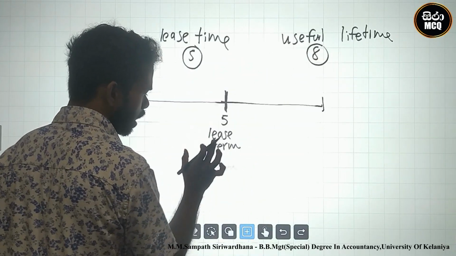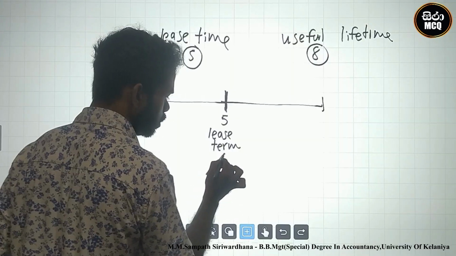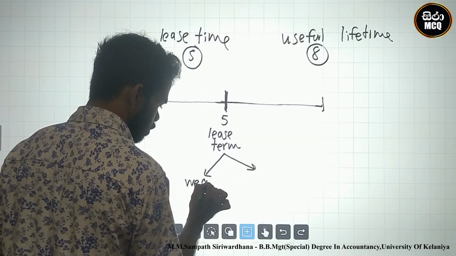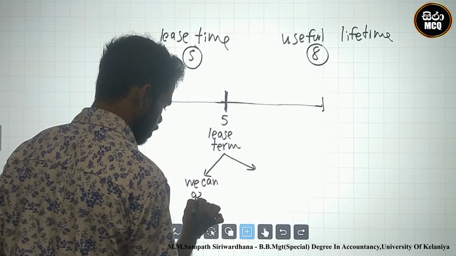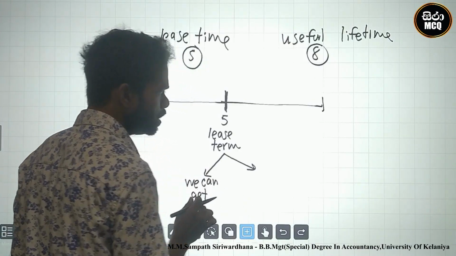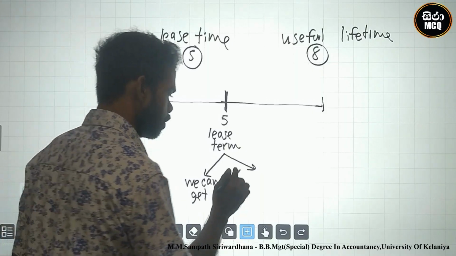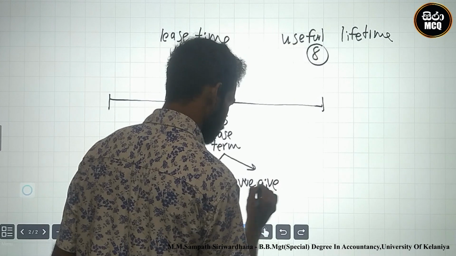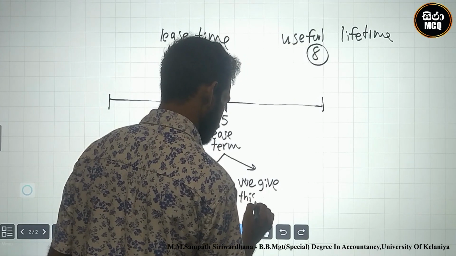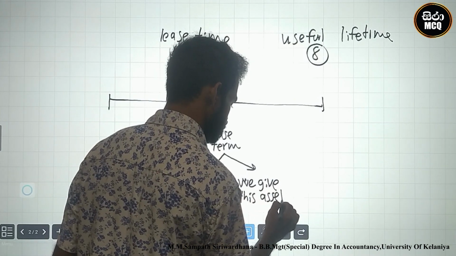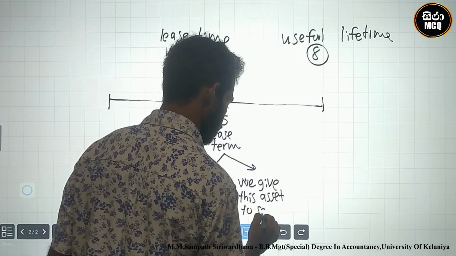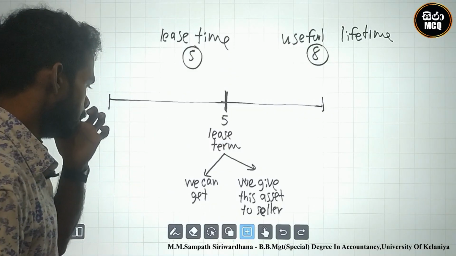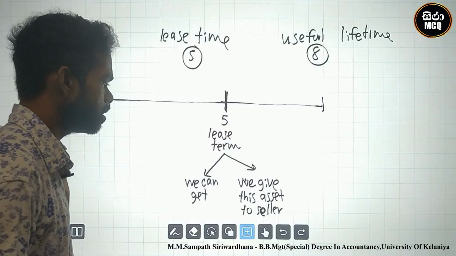After the lease term there are two options. We, meaning our company, can get the asset, or we give this asset to the seller. At that time we must focus on these options.